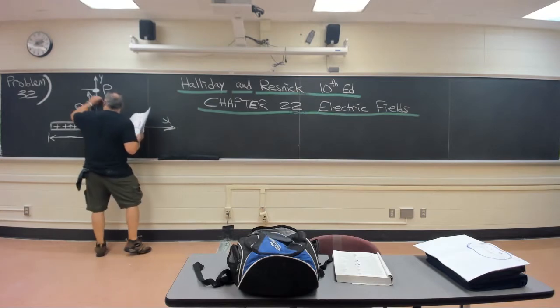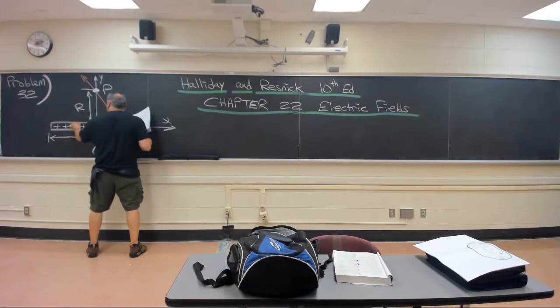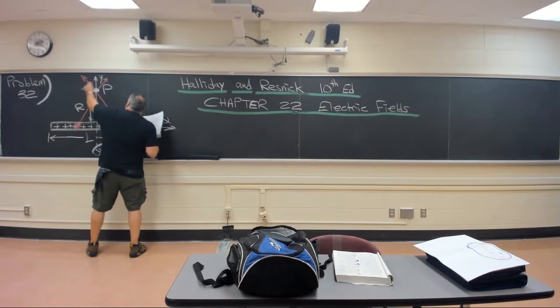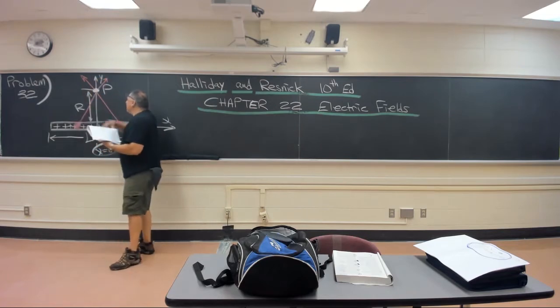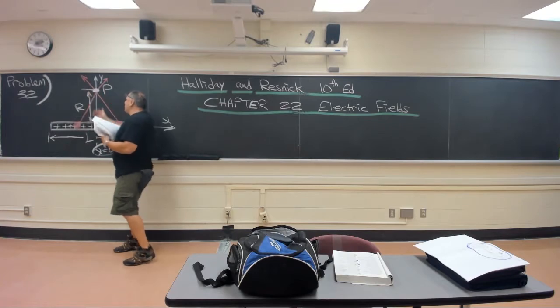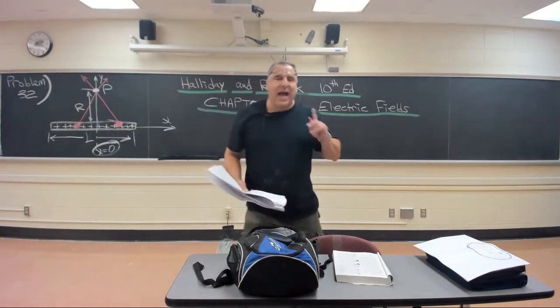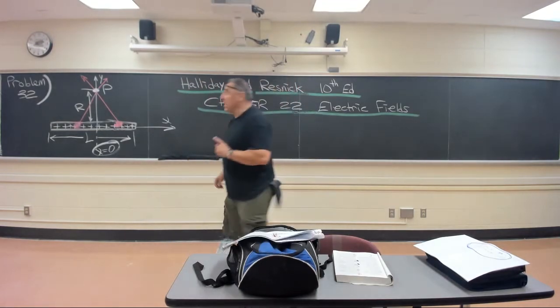You've got something doing this, and by virtue of the symmetry of the rod, you've got another something somewhere else doing the exact same thing, but going that way. At every place here, I can draw a vector representing a differential E field. I can also find a corresponding place where there's a differential E field, where the E fields cross like this and the x components cancel out, and the y components add up.